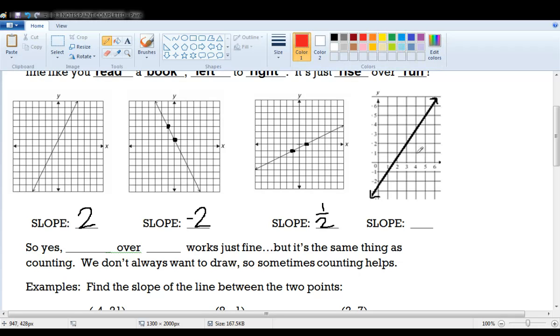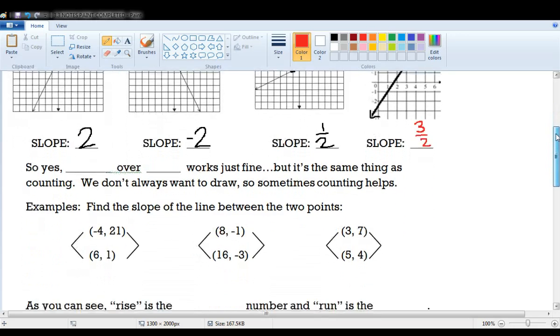And this last example is a little bit tougher because you have to actually pick the points for yourself. We didn't give you anything clear. You might have to go all the way over to here. It's not as easy to pick out as the other ones were. In this case, the rise is 3 and the run is 2. So the slope between those 2 points is 3 over 2.